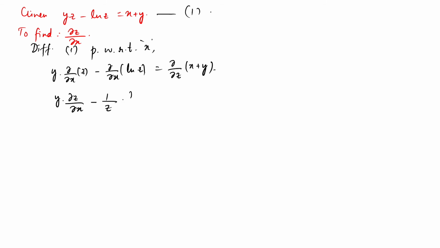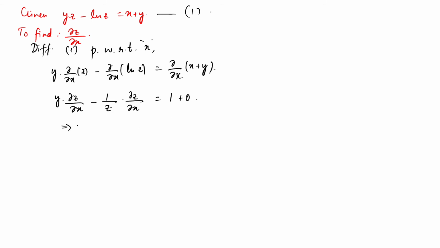And when you differentiate z with respect to x, it is del z upon del x. The right side equals, we are differentiating with respect to x only, so when you differentiate x you get 1, and when you differentiate y you get 0.